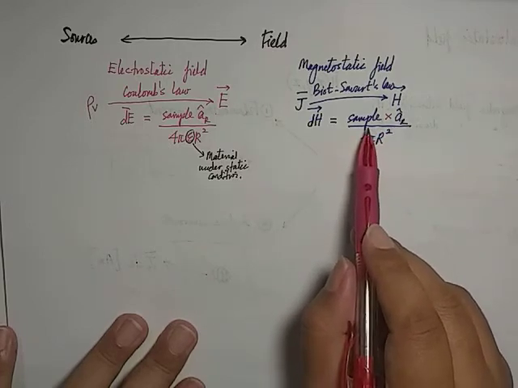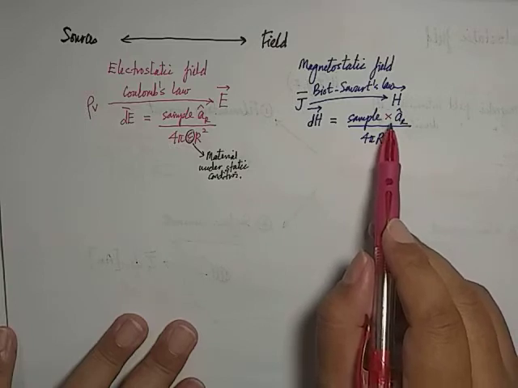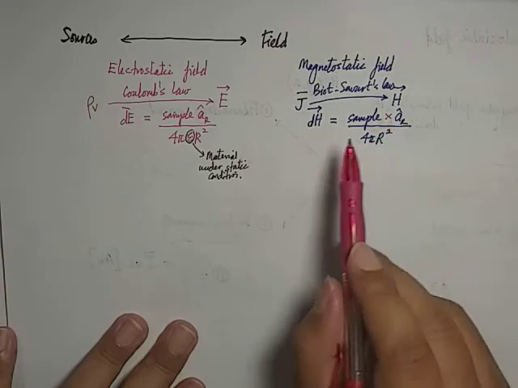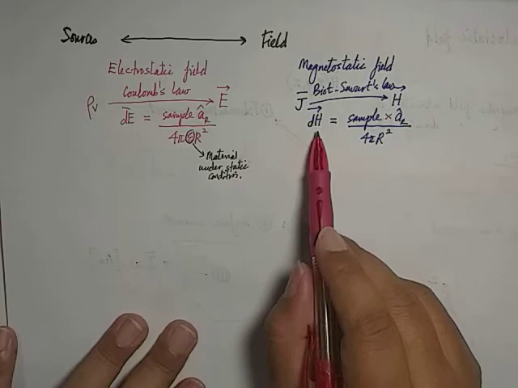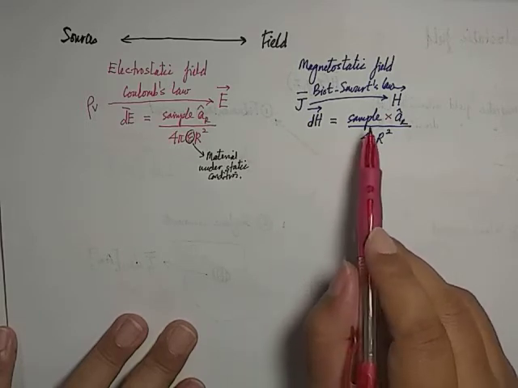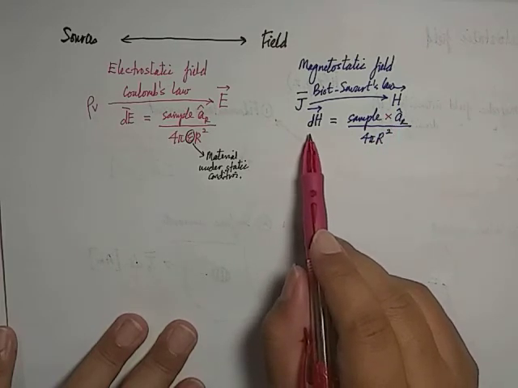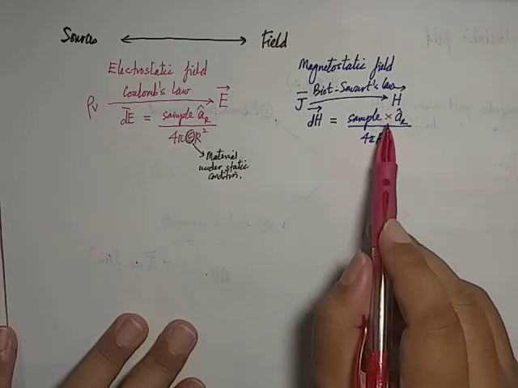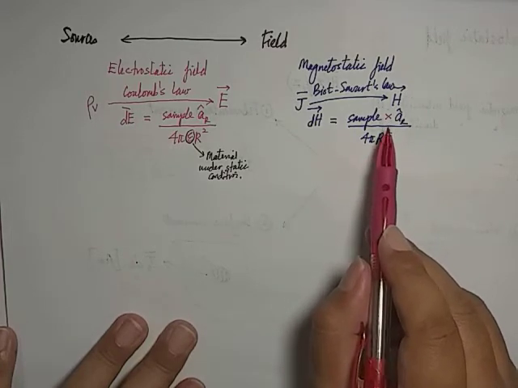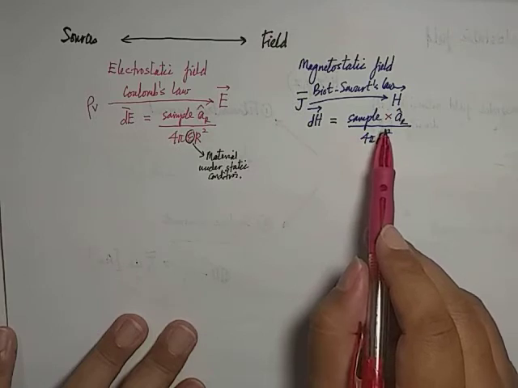To be more specific, it should be cross product, not dot product. Why? Because H is a vector or scalar? Yes, vector. So to multiply a vector with a vector to produce a vector, we must use the mathematical operation known as cross product.